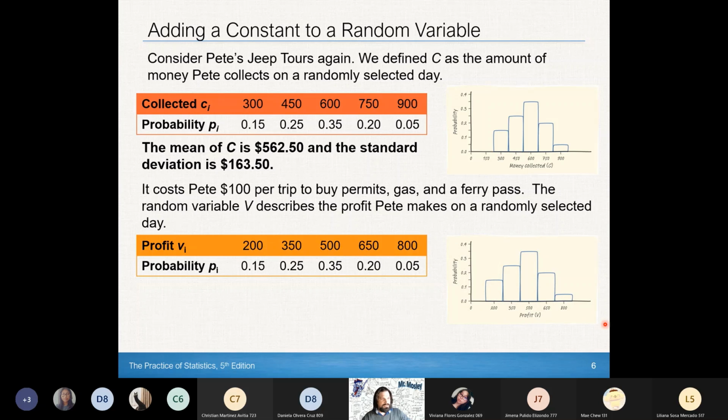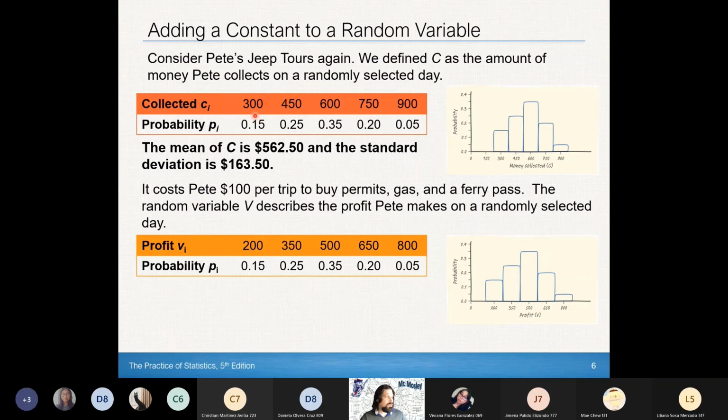Once again, we see basically the same histogram, same shape, right? It's shifted to the left 100 units or $100, right? So we took this whole stack and just pushed it over. And because all we did was shift this to the left, the measures of spread don't change, right?